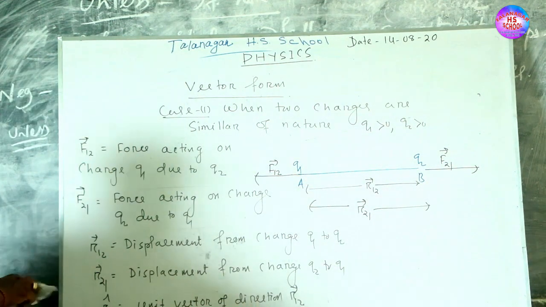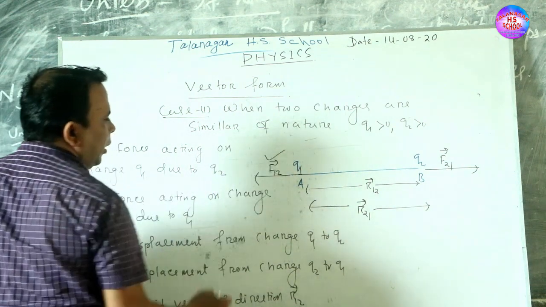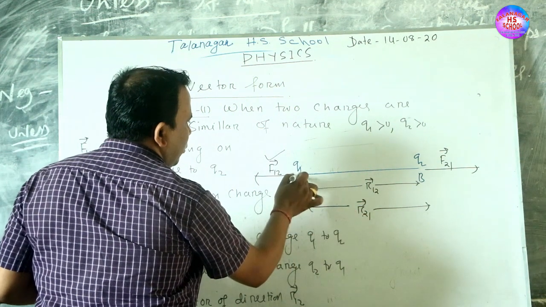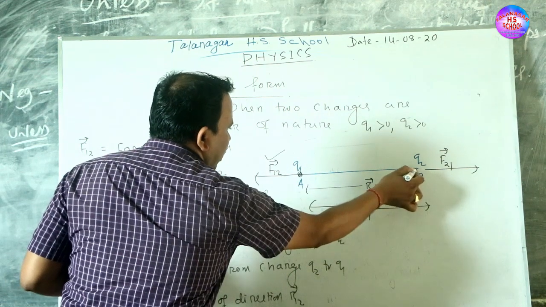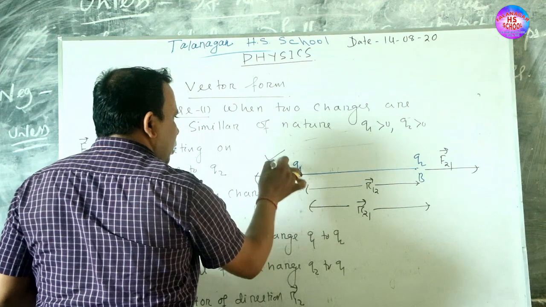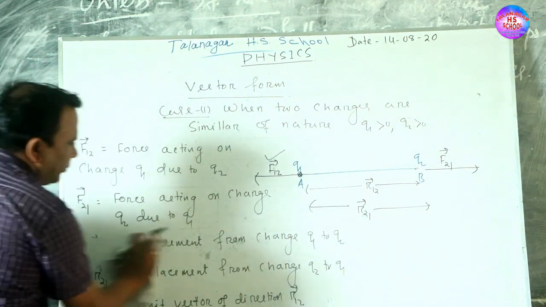Now, according to Coulomb's law, consider the force F12 acting on charge Q1 due to Q2 and the line joining from Q2 to Q1. So F12 and R21 are in the same direction.